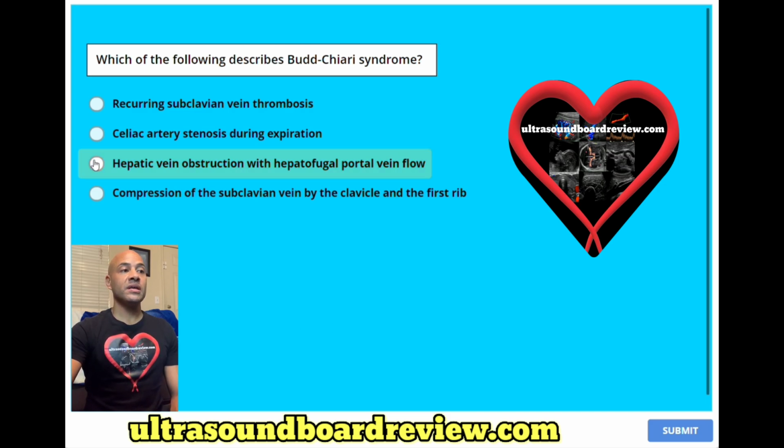The answer is C, hepatic vein obstruction with hepatofugal portal vein flow.